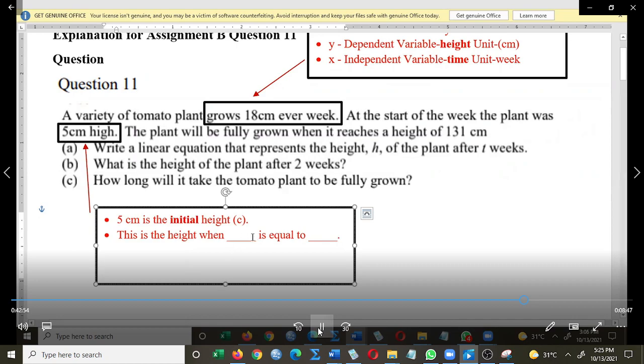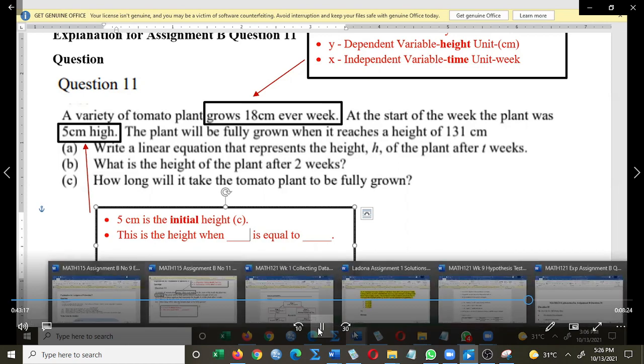Is it when 5 centimeters equals 1 week? No. You cannot associate the word initial with 1.